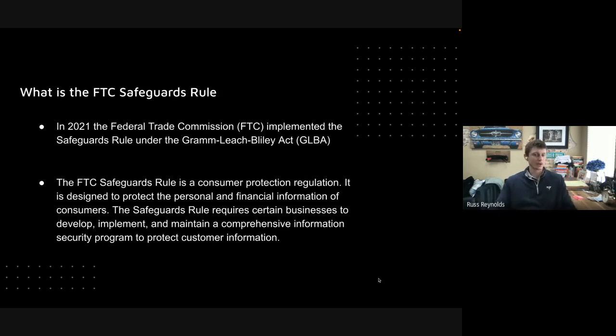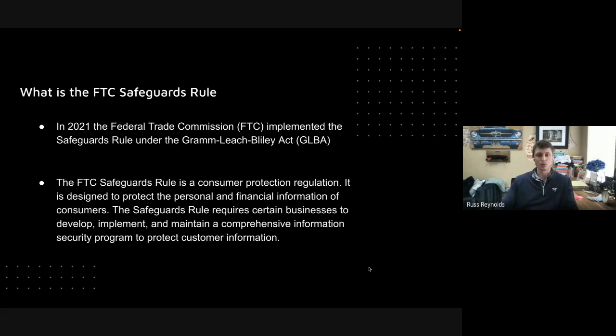So the FTC safeguards rule, what is this exactly? Well, in 2021, the FTC implemented the safeguards rule under the GLBA. It was designed to be a consumer protection regulation, really designed to protect personal and financial information of the consumers.